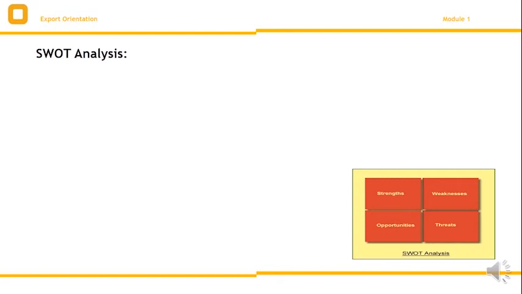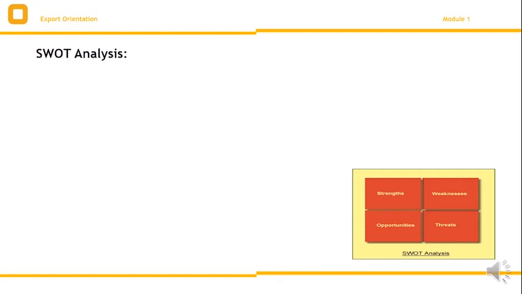We're going to unpack what each of these factors actually means. So before you actually go into exporting, part of your strategic planning should be to prepare a SWOT analysis of your business.